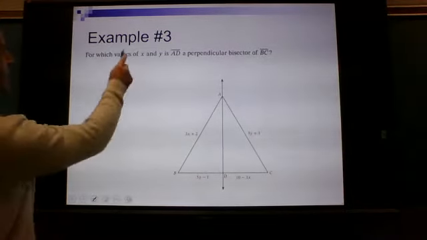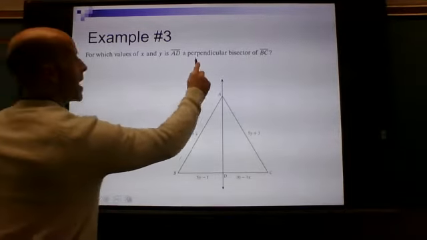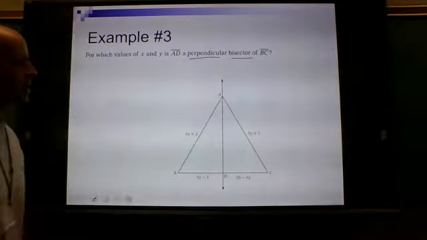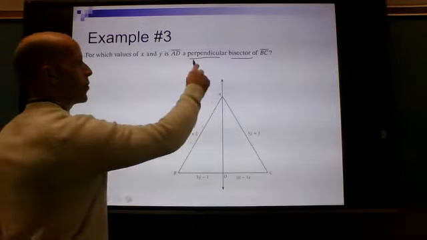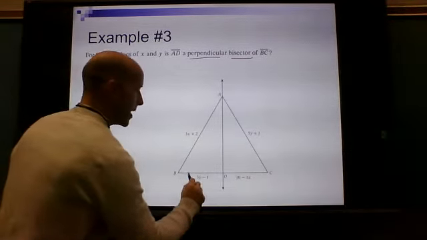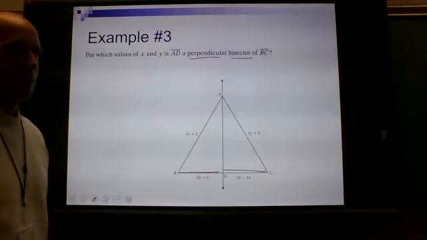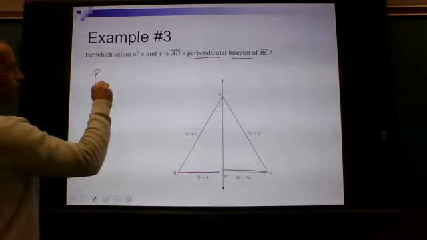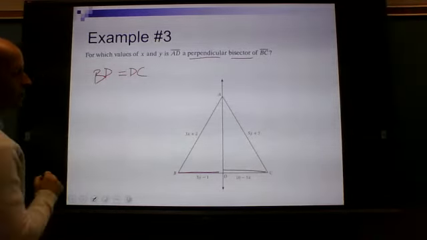So here's what this says. It says for which values of x and y is AD a perpendicular bisector of segment BC? In order for this to be a perpendicular bisector, guess what has to be true about segment BD and segment DC? Well, they have to be congruent. So BD has to equal DC.